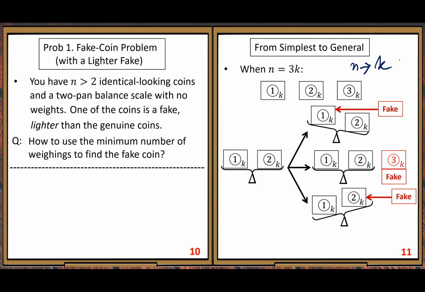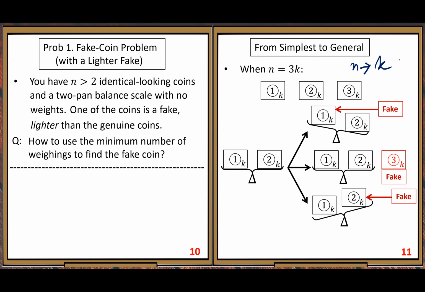After one weighing, you only need to consider a group of coins with k coins, 1/3 of the original number of coins. One weighing reduces the size to 1/3. Is that efficient?